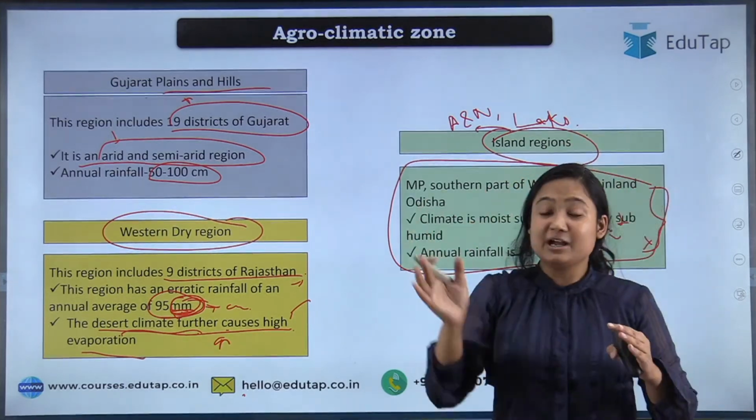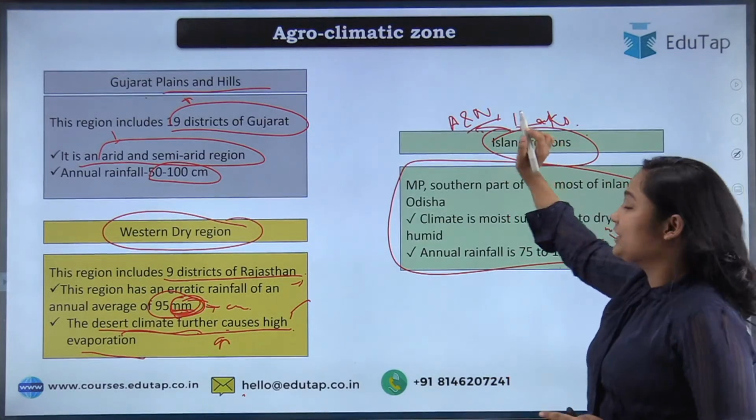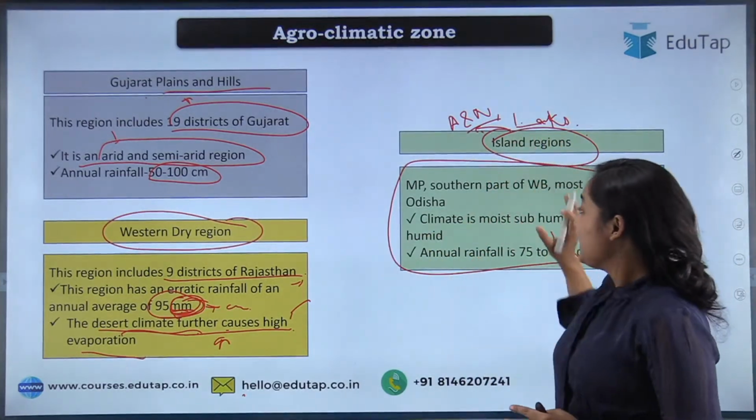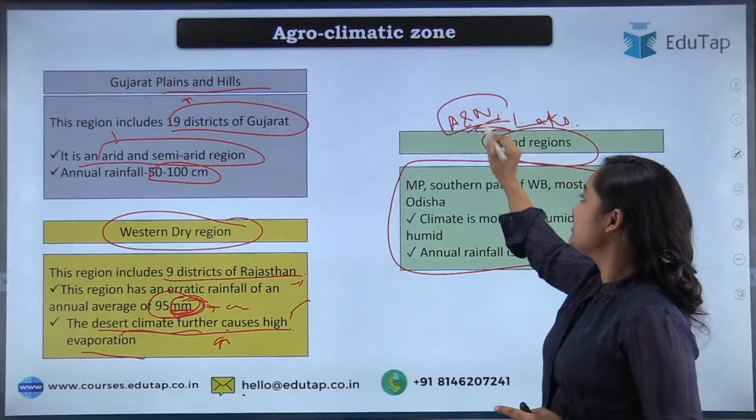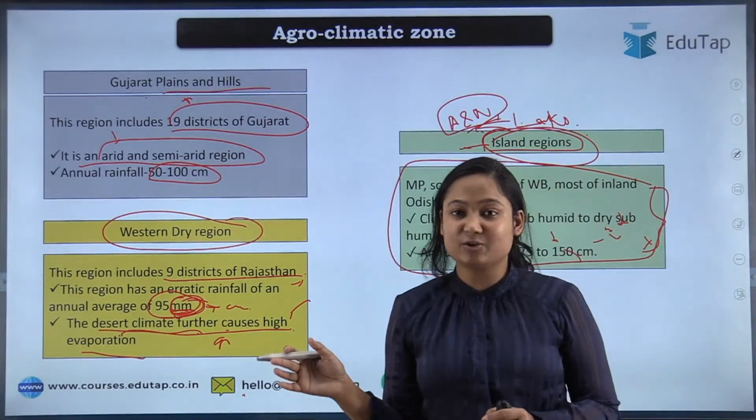Okay, this is not working, but Andaman, Nicobar and Lakshadweep are covered there. What kind of conditions are there is your homework; you'll have to study the island region. I'll cover this in the next session.